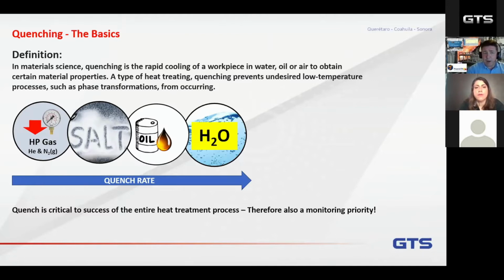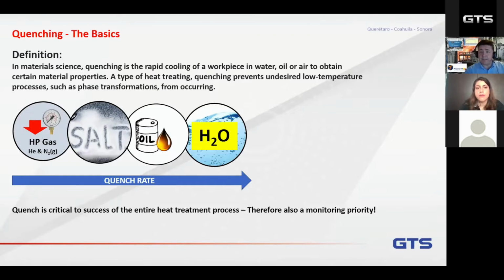So when we talk about quenching, we need to ensure that the quench or the rate of cooling, the quench rate, is controlled. Each of the media that we're going to look at today, from gas through to water, will provide a unique quench rate or a series of rates that you want to use for your application. So it's important that you match the quenching technology or the quench media to the type of heat treatment process you're doing.